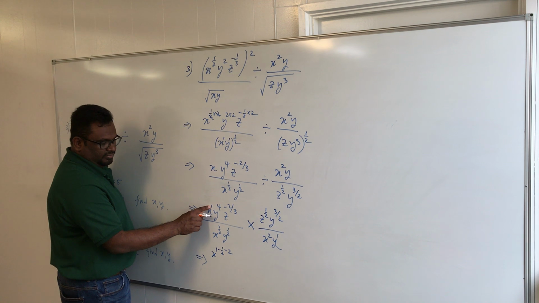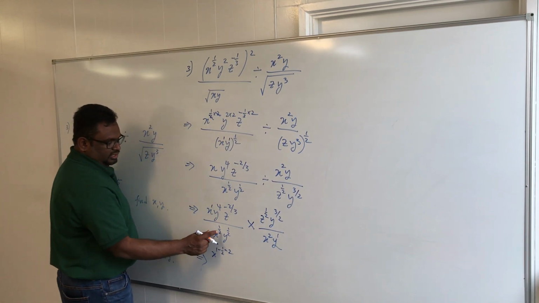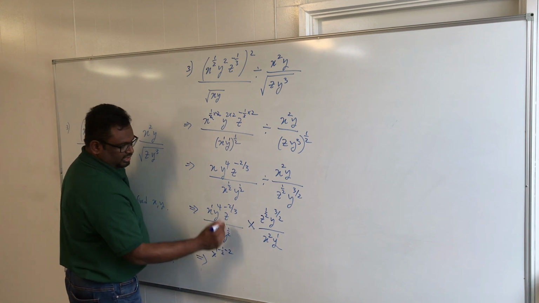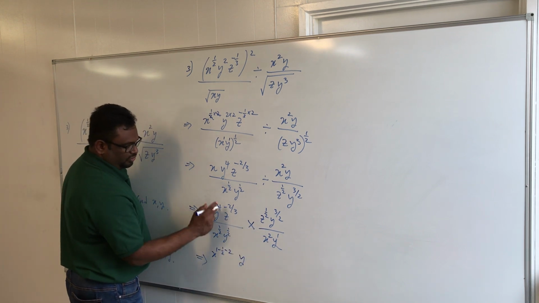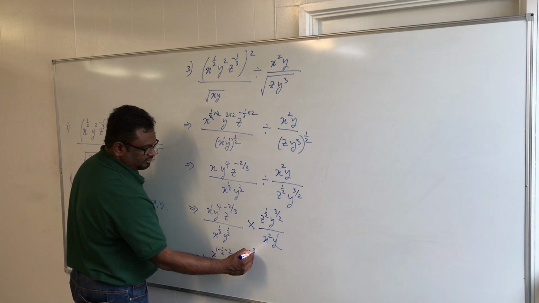You have x^1 here, x^(1/2) here, x^2 here. So when you are dividing it, index law, you are minusing it. This is also in the denominator, you are minusing it. Now y, you have 4 here. You have 1 in here, but in the numerator, so you plus it.